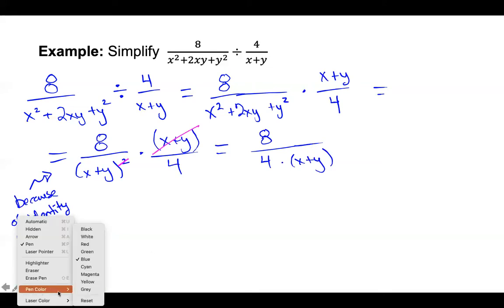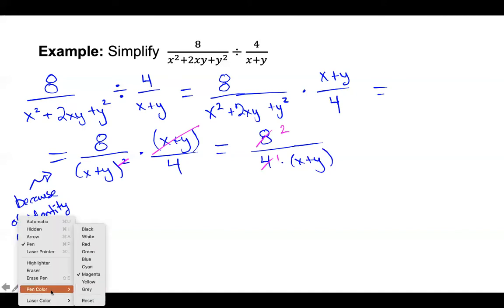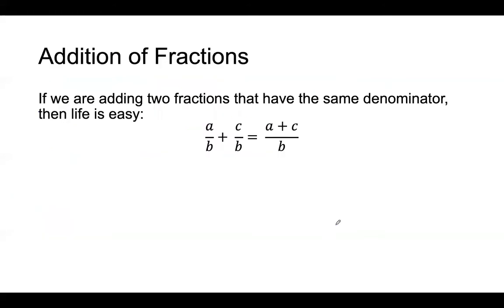Now we can reduce it further. We see like 4 goes into 8 2 times, and 4 goes into 4 once. So we're left with our final answer of 2 divided by x plus y. Great. So we simplified this expression.